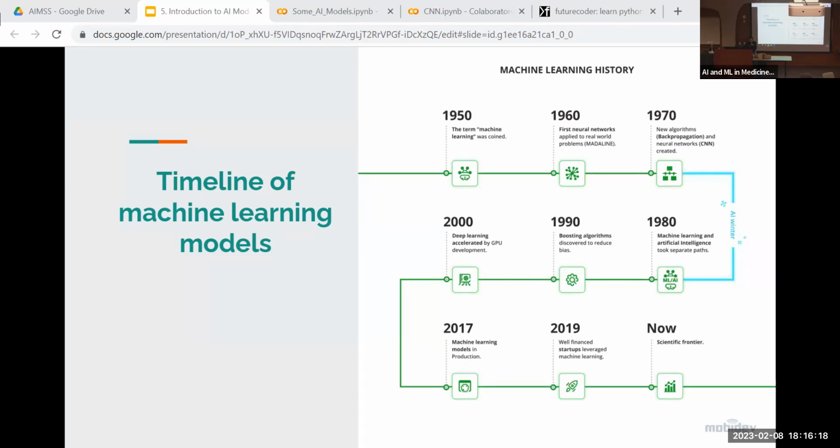And starting from 2000, deep learning started to emerge again, because now we have fantastic hardware and great processors, CPUs and GPUs, that can give us great compute power.